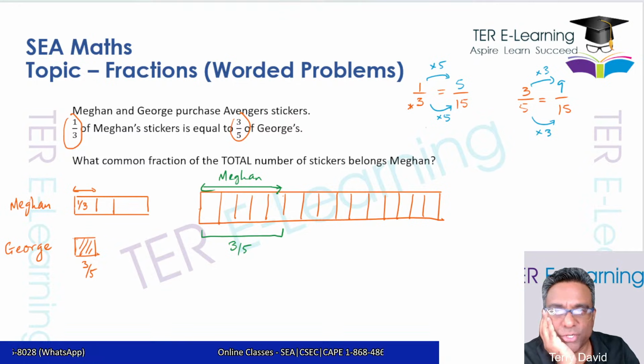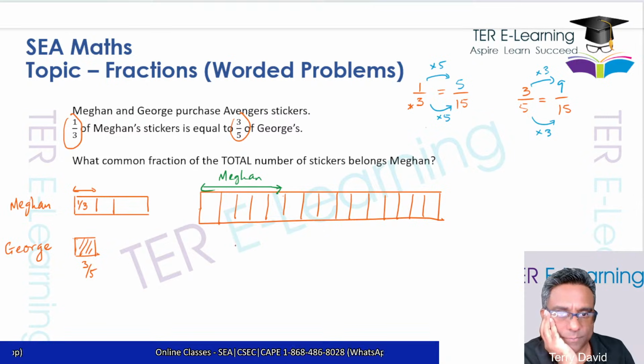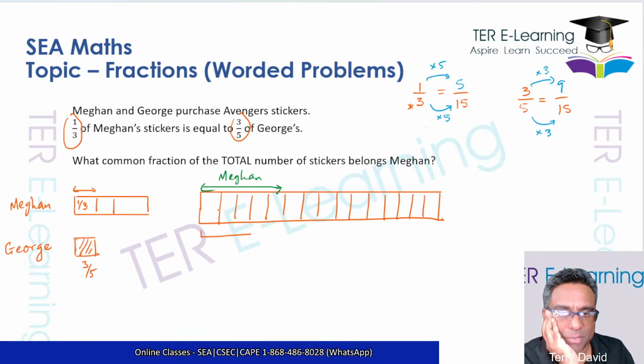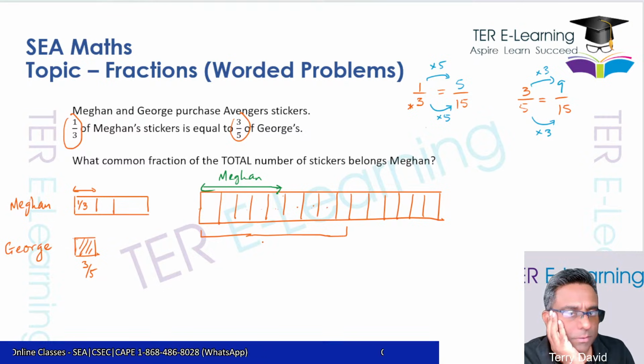This 3/5 here is 9 over 15. Let's not label this wrong. We have to go up to 9 blocks. 1, 2, 3, 4, 5, 6, 7, 8, 9. So this here is 9.